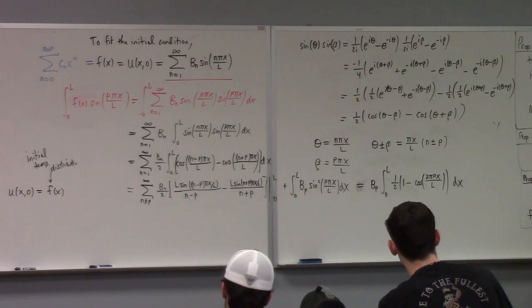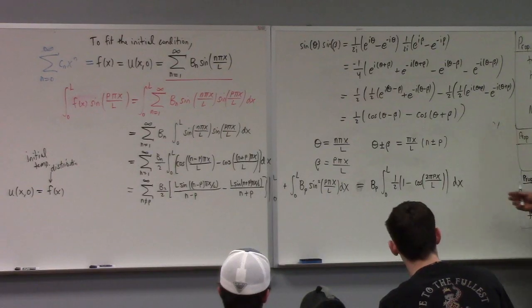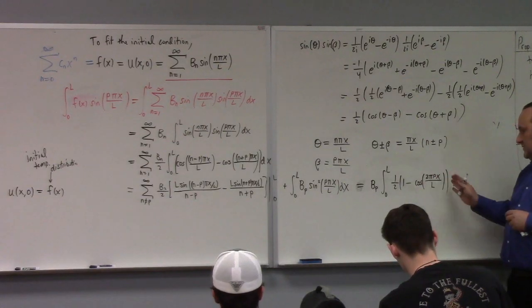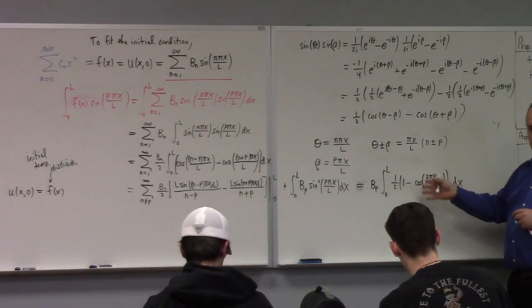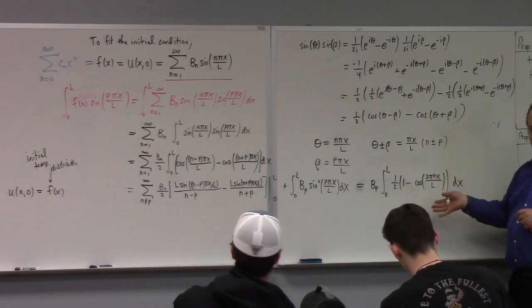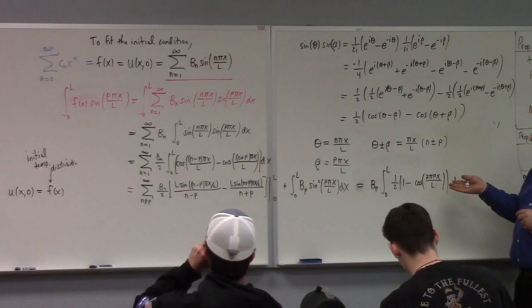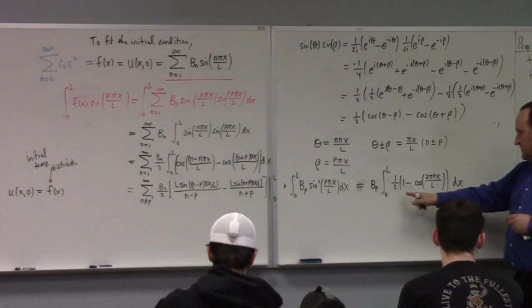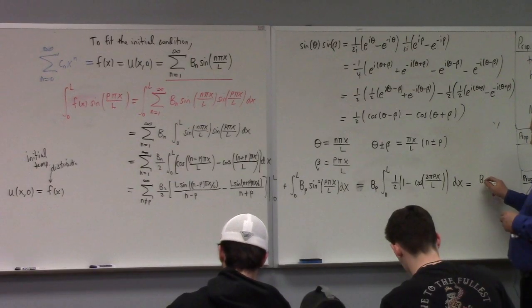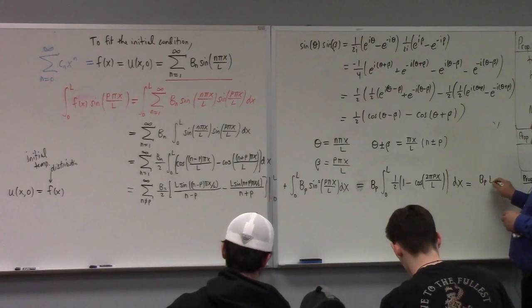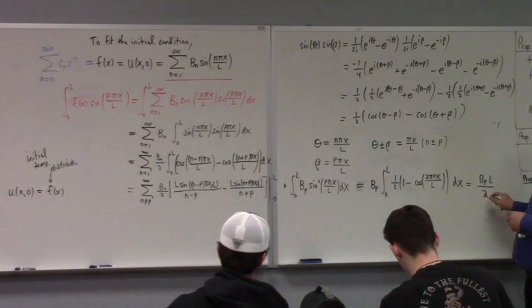But that cosine does integrate to 0 because we're looking at an even number of cycles of cosine. If you like, this integrates to sine, when you evaluate that sine at 0 and L it's 0. So the only thing that actually contributes non-trivially is this 1/2, which ends up giving us b sub p times L over 2.